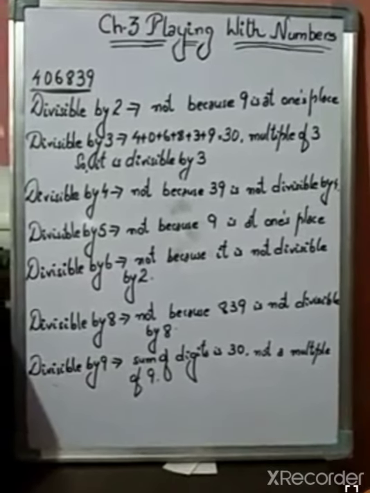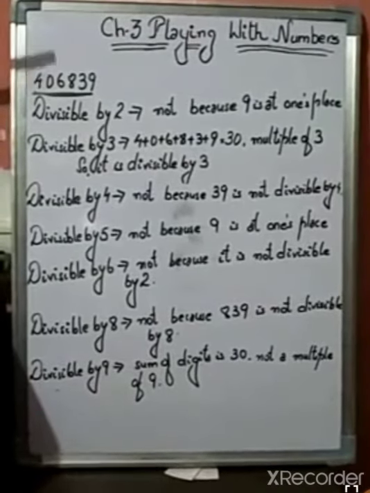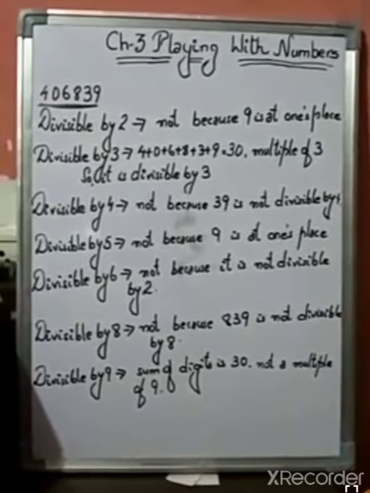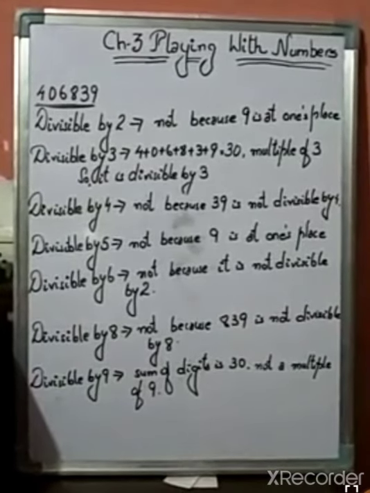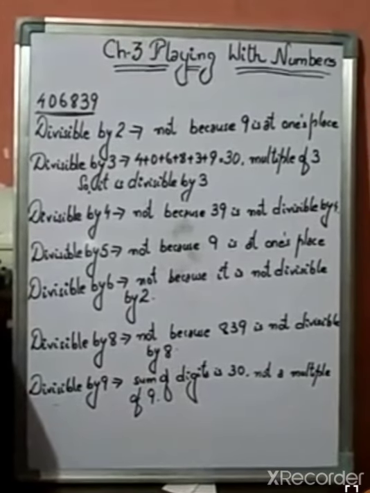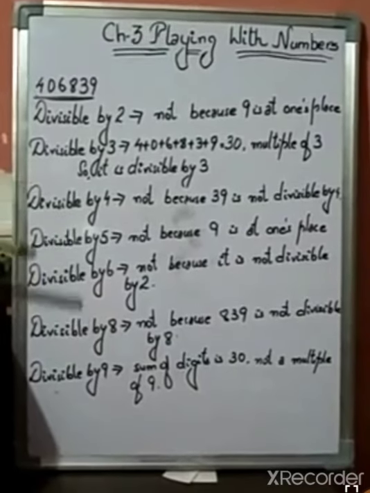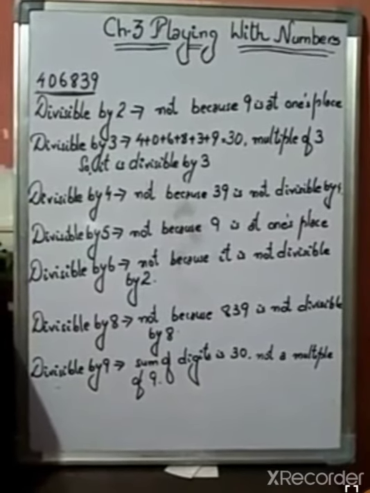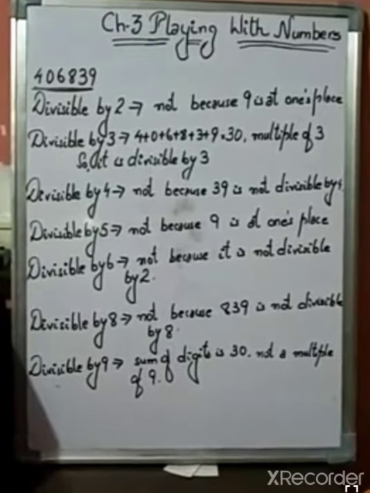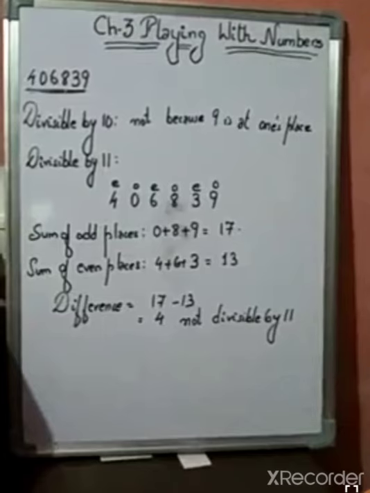Now check for 8. Again, this number is not divisible by 8 because in this number the last 3 digits, that is 839, are not divisible by 8. Next one is divisibility by 9. In this case, the sum of the digits comes out to be equal to 30, and 30 is not a multiple of 9, hence this given number is not divisible by 9.